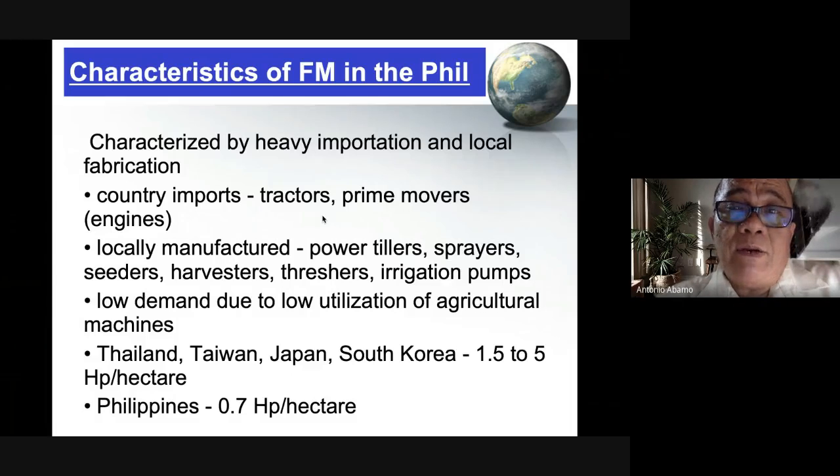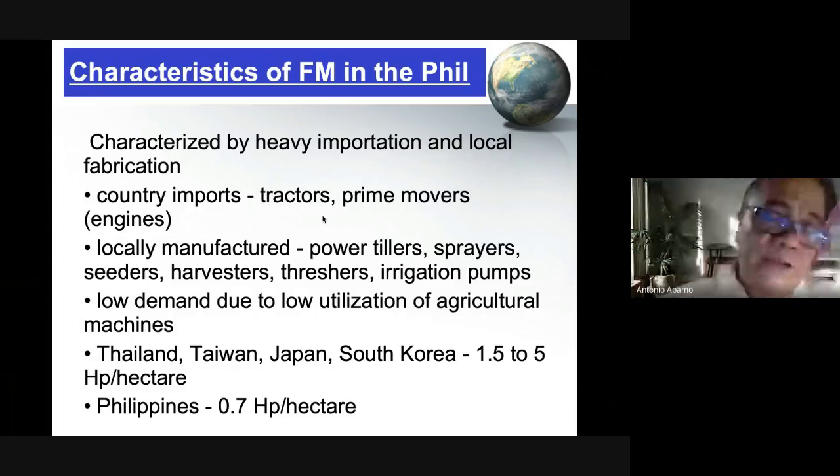Another characteristic of farm mechanization in the Philippines is that locally manufactured are the power tillers, sprayers, seeders, harvesters, threshers, and irrigation pumps. And then you will notice that there is also low demand to low utilization of agricultural machines in the Philippines. This is another characteristic of farm mechanization in the Philippines.